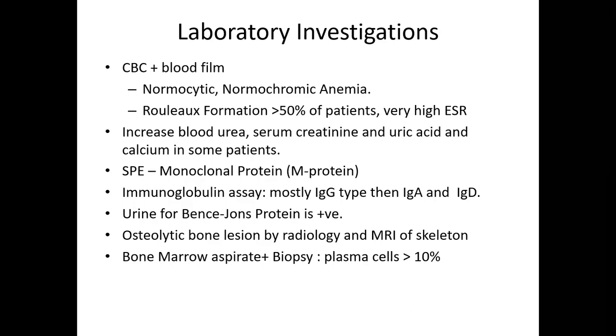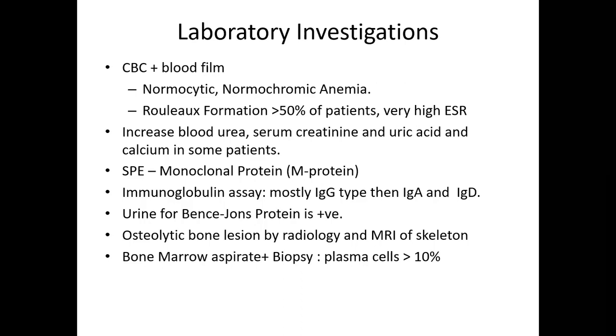Osteolytic bone lesions can be seen by radiology or by MRI or PET scan of the skeleton. And the most important is to confirm the presence of abnormal plasma cells. The plasma cells in the bone marrow should be more than 10% to diagnose plasma cell myeloma, or we may find the plasma cells in an extramedullary lesion, like a lesion in the spine or in the skull or in the ribs.